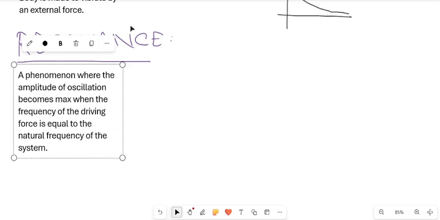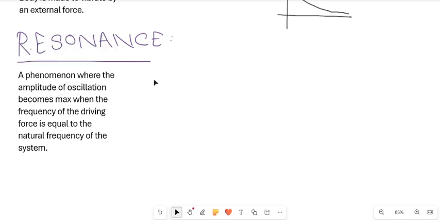So in simple words, when the natural frequency of the object matches the driving force. So there's a driving force and then there's natural frequency. When the frequencies of these two match, that is when the amplitude becomes the maximum.